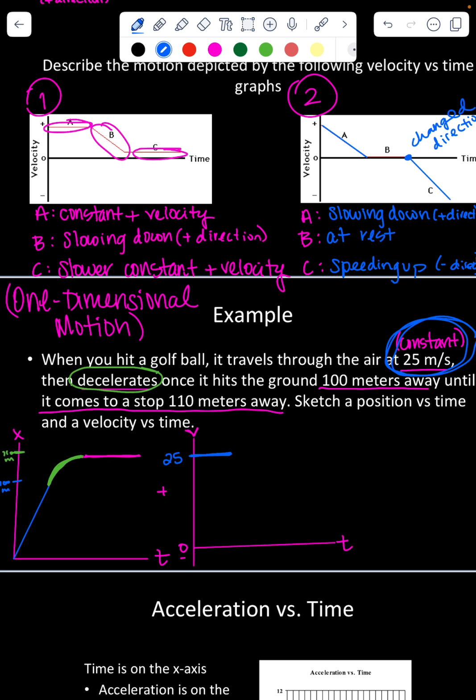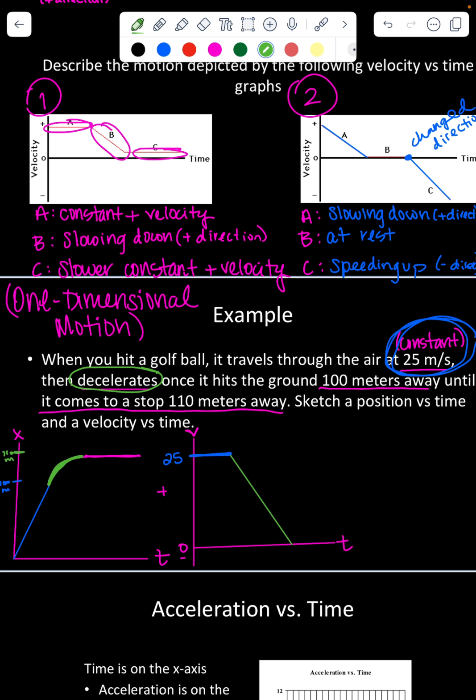All right, now that curve, that green curve, tells us that we slow down. We're still going in the positive direction, but we are slowing down. So the way that we show that is we have a straight diagonal line that is trending toward 0. It's trending toward 0.